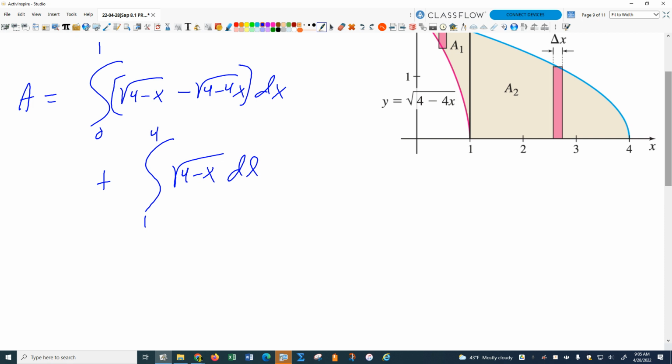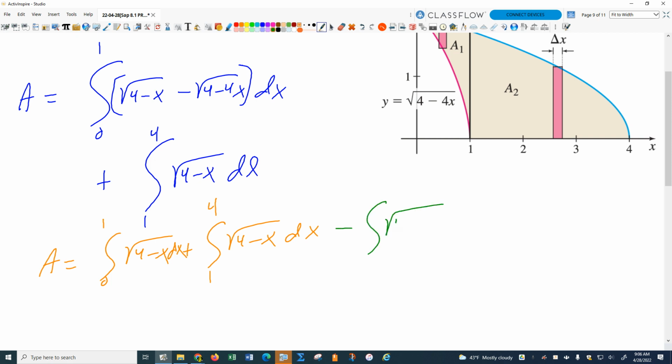Well, I don't want to spend too much time on this, but if I write this out as a sum of 3 integrals, I'm getting the integral of square root of 4 minus x from 0 to 1, plus the integral of 4 minus x dx from 1 to 4, minus the integral of the square root of 4 minus 4x dx from 0 to 1.